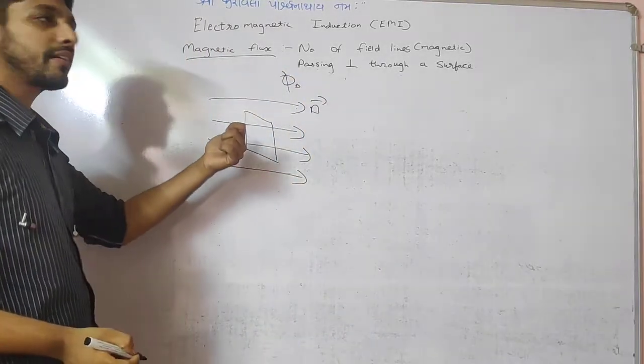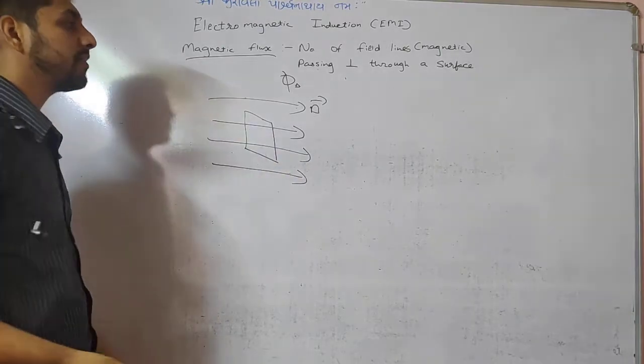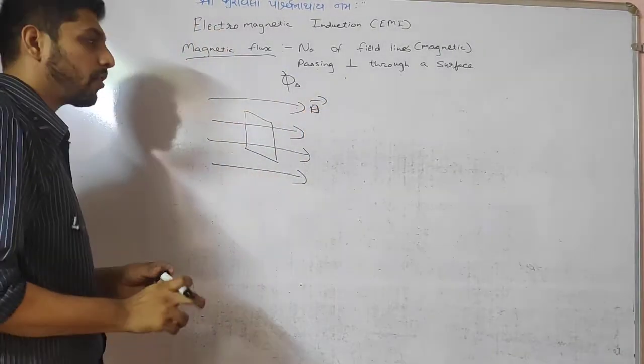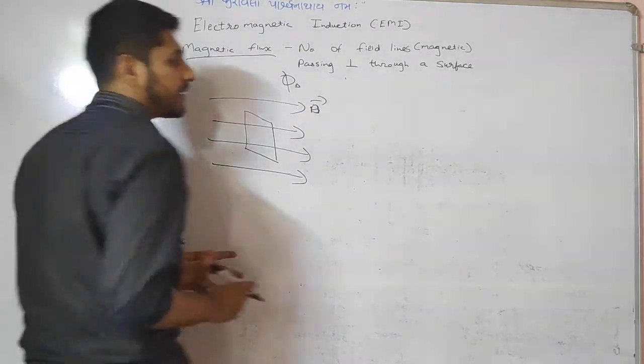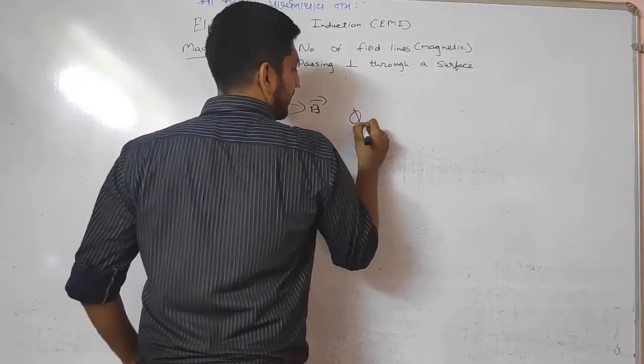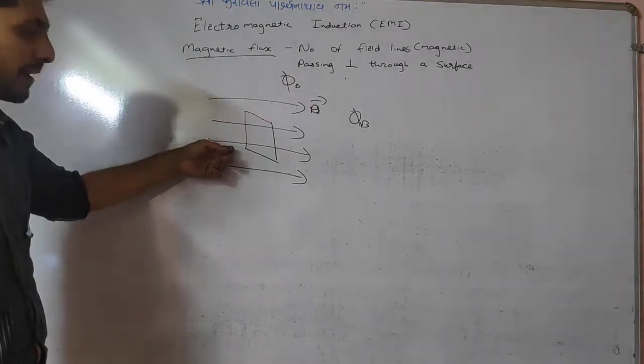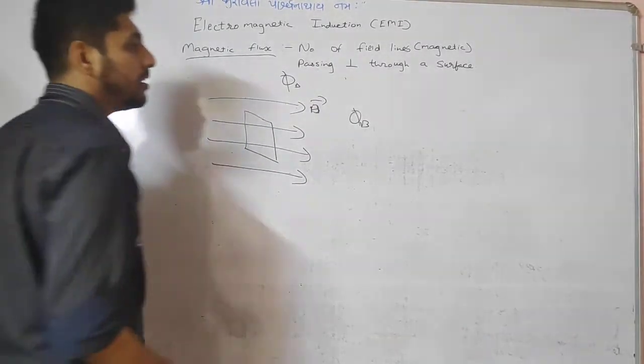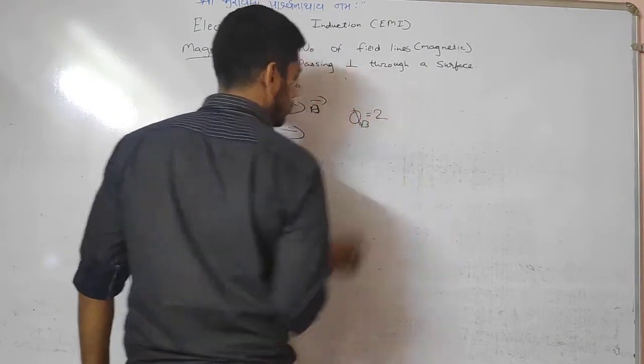Instead, here in electric flux it was electric field, here in magnetic flux it is magnetic field. So suppose I want to find the flux, then the flux in this magnetic field, phi b, will be equal to how many field lines are passing through the surface? 1 and 2. Only 2 field lines are passing through this surface. So the magnetic flux will be equal to 2.